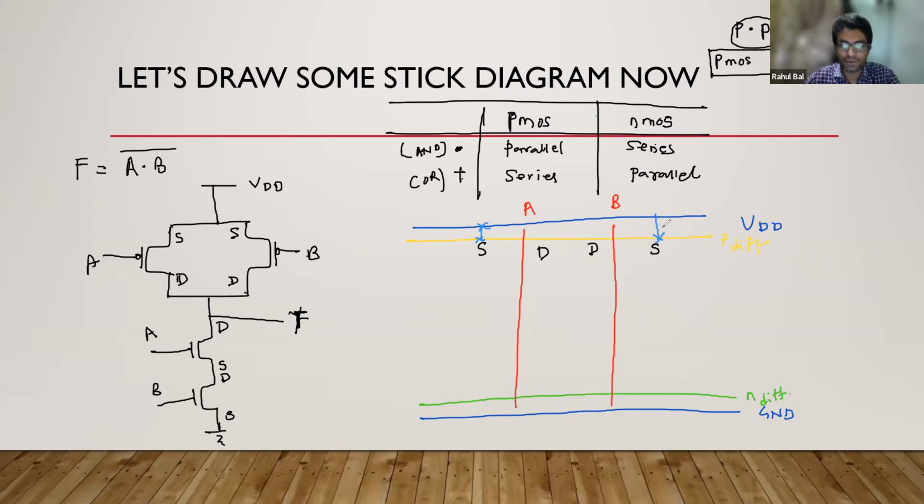That's why I will show the connection like this. The source of this PMOS is connected to VDD. Source of this PMOS is also connected to VDD. And the drains are connected to the drain of the A-type NMOS. So that means this. So here I will mention this as a source.